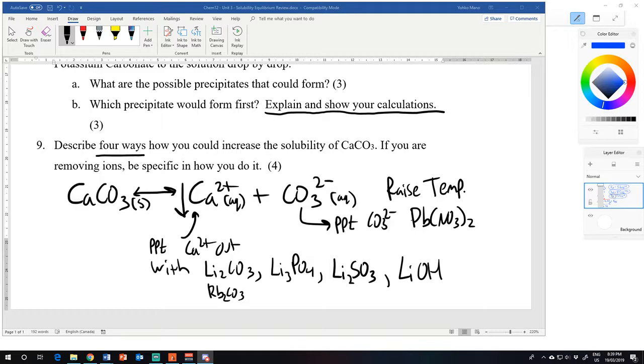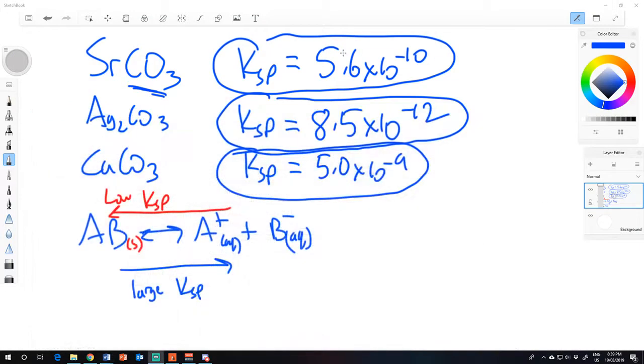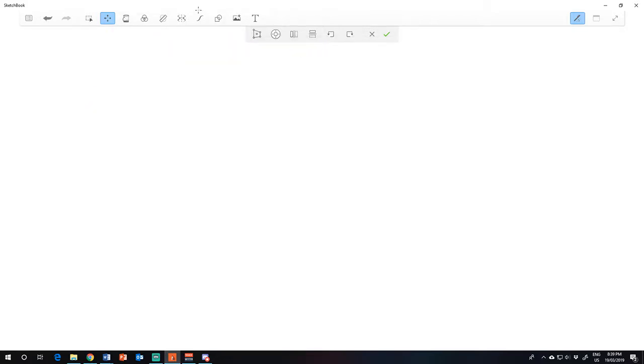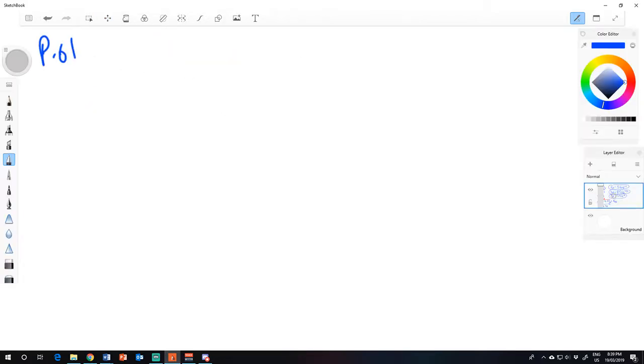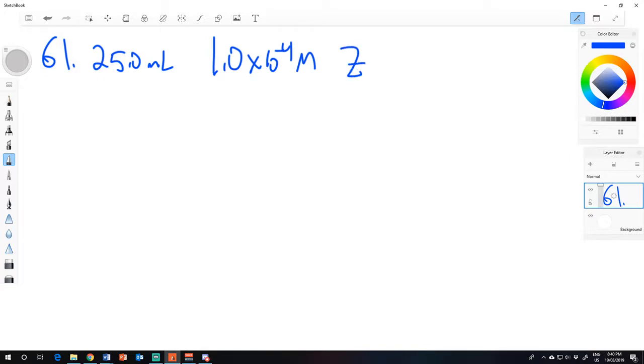Question 62, 61, and 62. Okay, 61 asks, does a precipitate form when we have the following: 25 milliliters of 1.0 times 10 to the negative 4 molar of zinc nitrate.